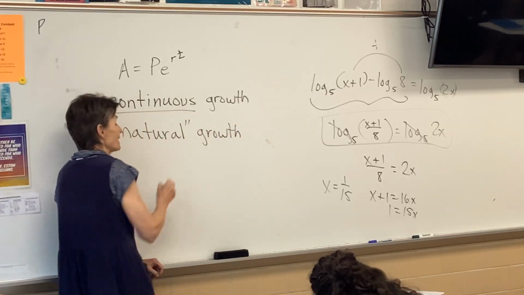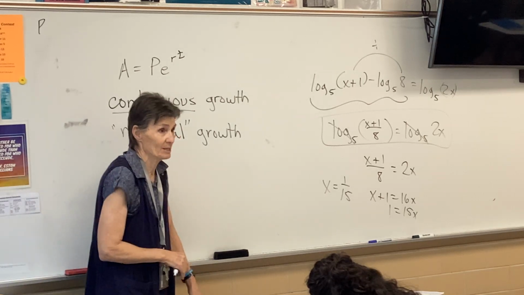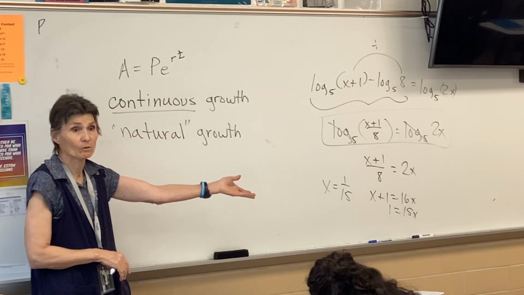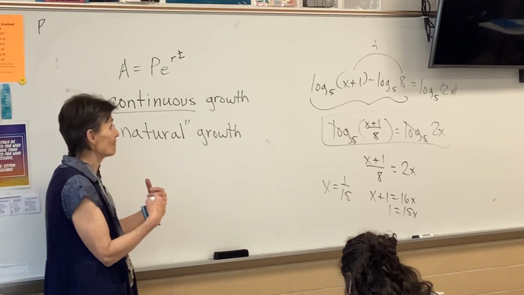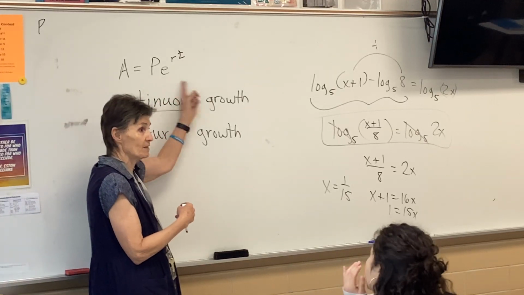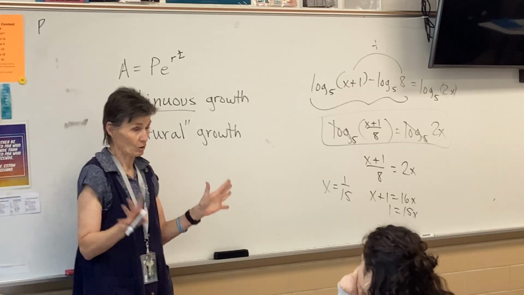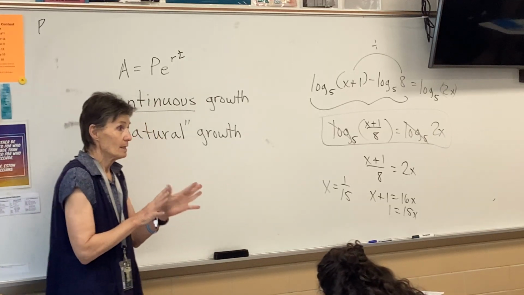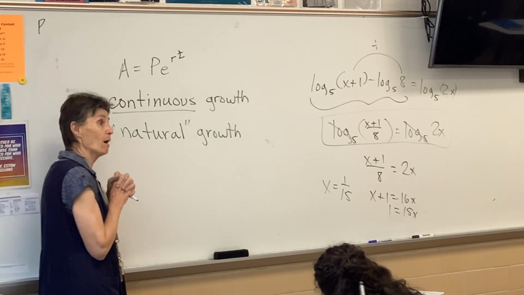And what we mean by natural growth is like a bacteria population. The problem we just did earlier, where we had a bacteria population, that formula was a version of this. Okay, so anything from nature, you're going to use this formula for. Okay?